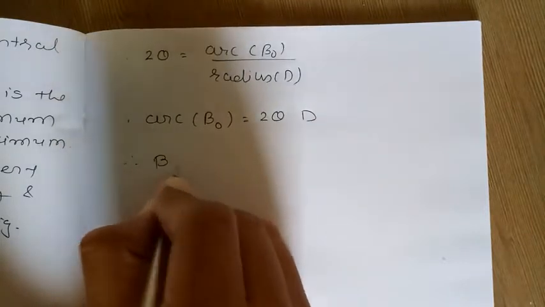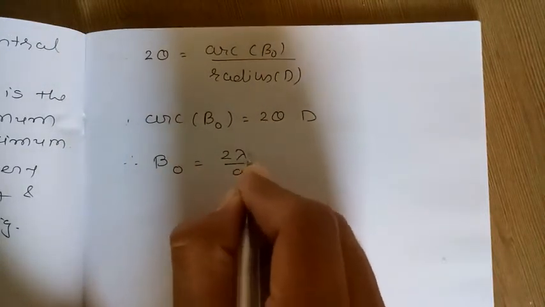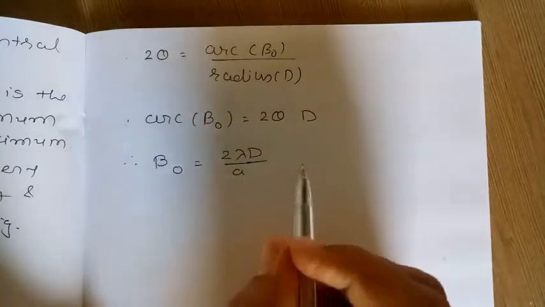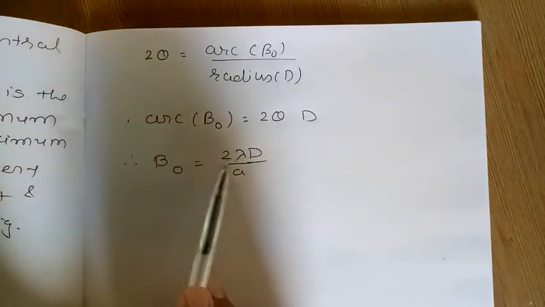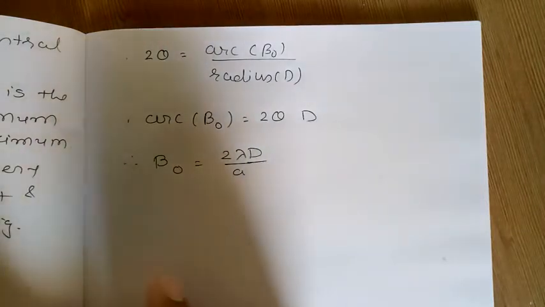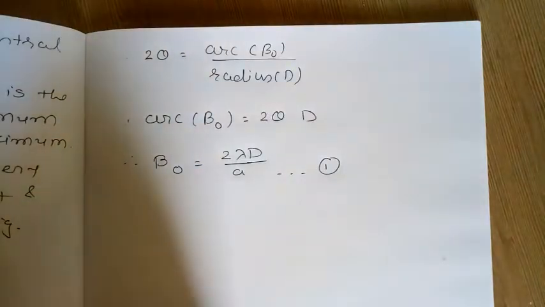So b0 is equal to 2 lambda by a into D. So we can say that the arc b0 is equal to 2 lambda D by a. Suppose this is our equation number 1.